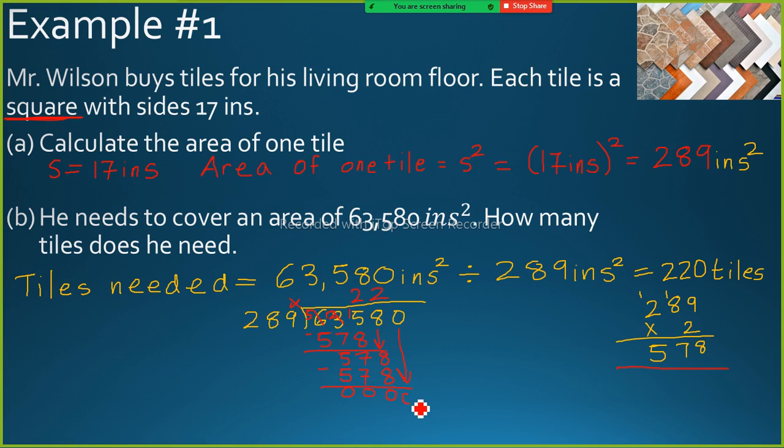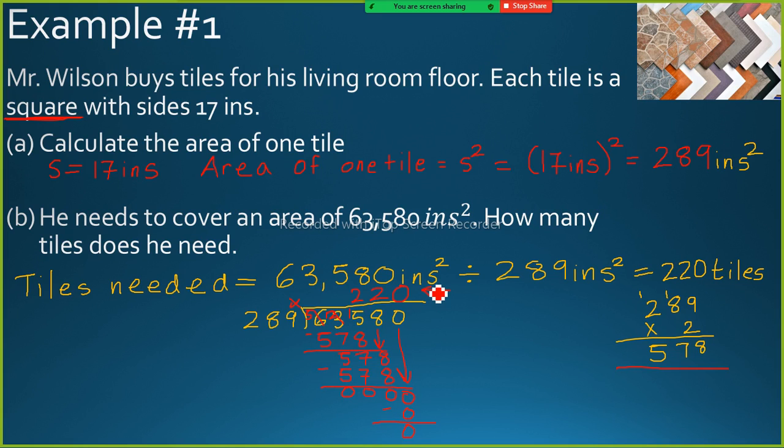We get 0. 289 times what number gives me 0? That's a question. 289 times what number is 0? 0. So 0 minus 0 is 0. So the answer is 220.